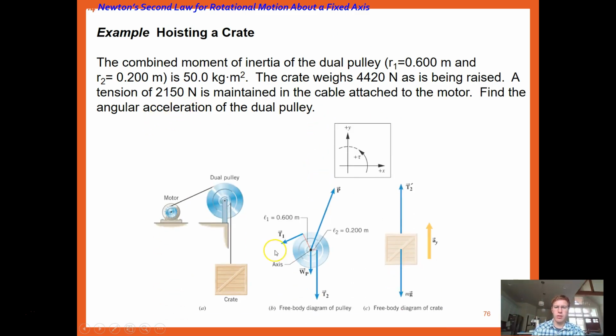So here's the situation, just so you understand, with some free body diagrams. We have this dual pulley. The crate is tied to the inner radius, 0.2 meters, and the motor is tied to the outer radius, 0.6 meters.